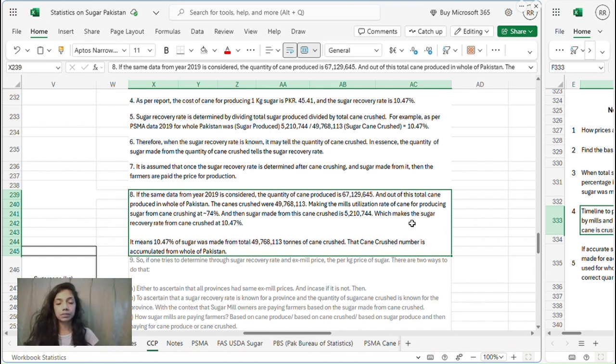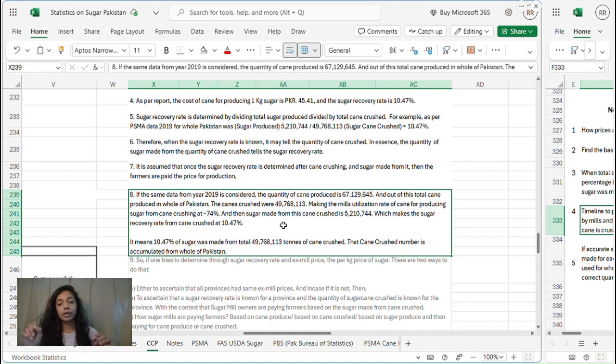Now in this point number 8, another factor is added, which is the total cane produced within the country, so that is one point. Then once the total cane is produced and sold to the mills, how much of that cane do they crush? That percentage is 74%.